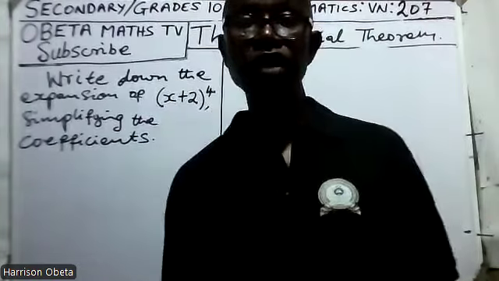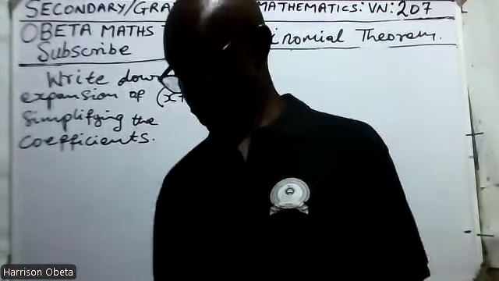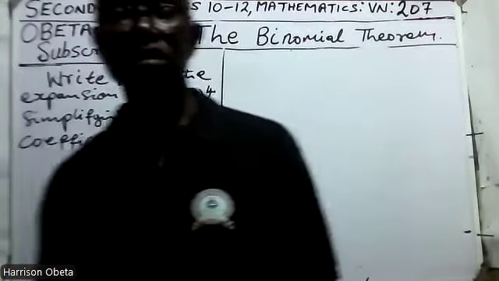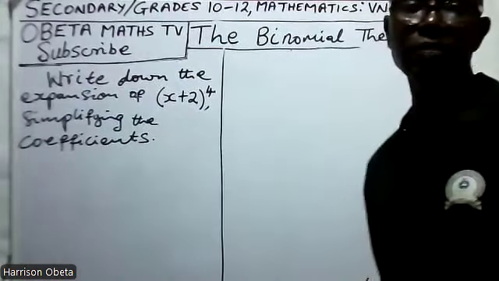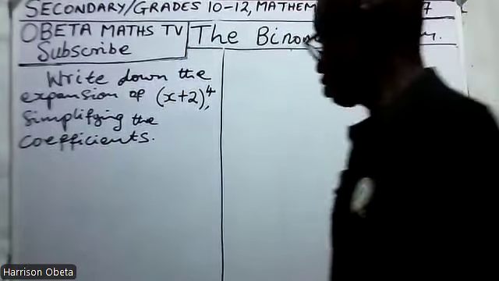So we are continuing by solving an example. We have the first example on the board. Write down the expansion of x plus 2 all raised by 4, simplifying the coefficients. Solution.